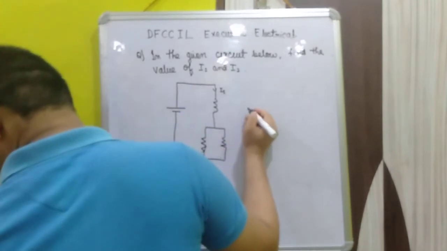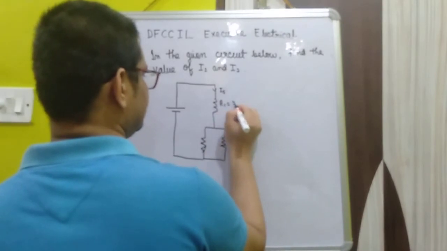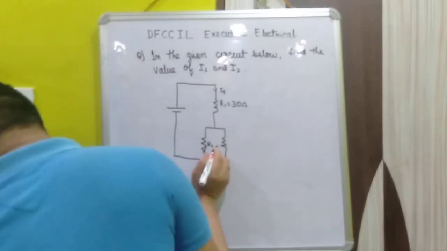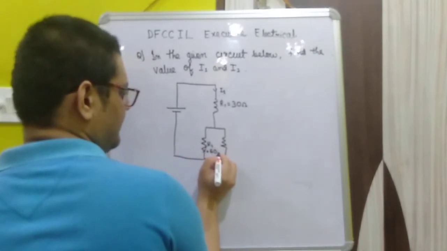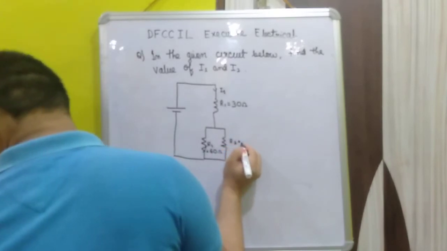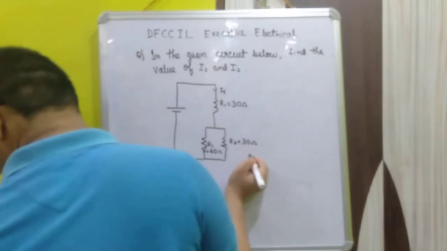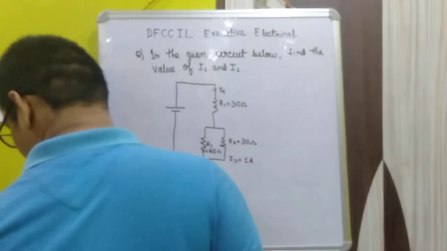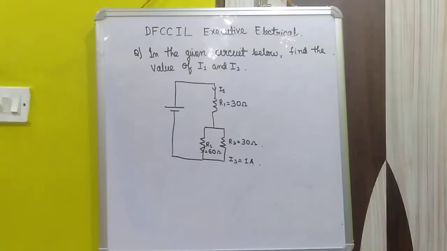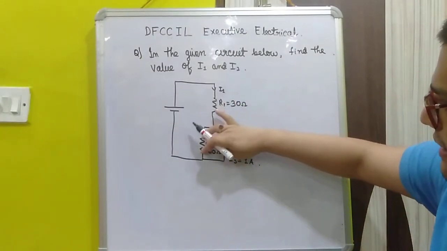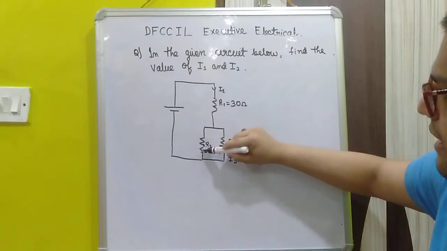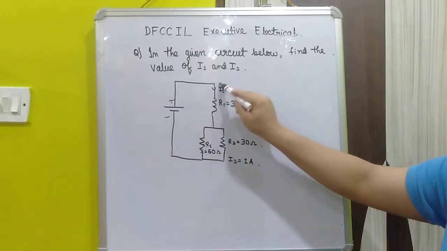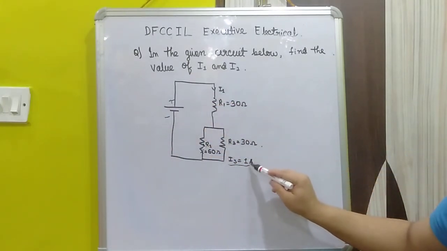R1 is 30 ohm, R2 is given as 60 ohm, and R3 is given as 30 ohm, and the current through R3 is given in the question, that is 1 ampere. So I hope this circuit is now clear to you. The voltage source is positive on one side and negative on the other, and I1 current is flowing. I3 is already given as 1 ampere.